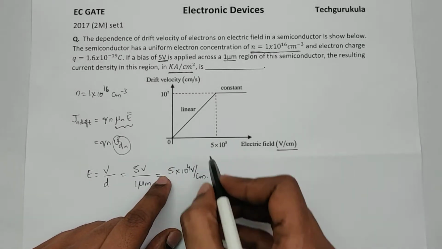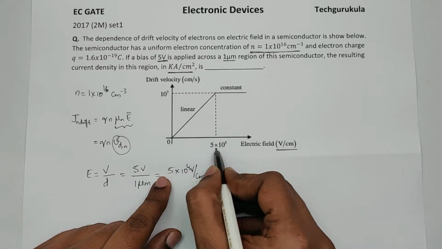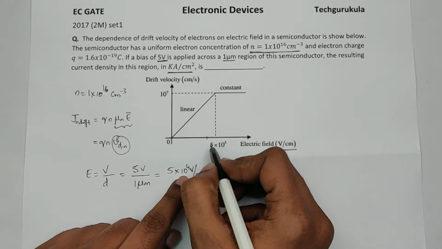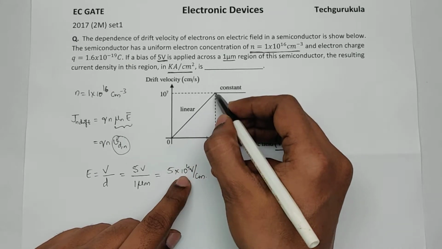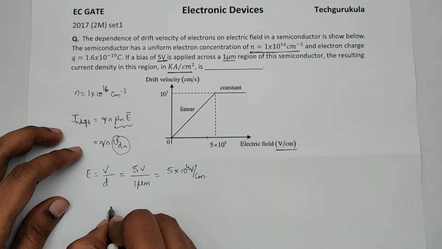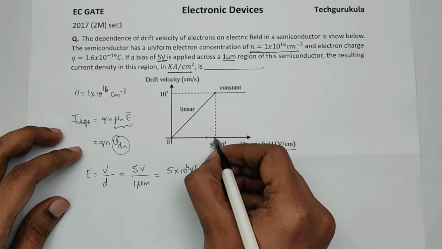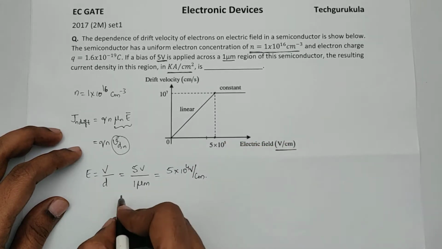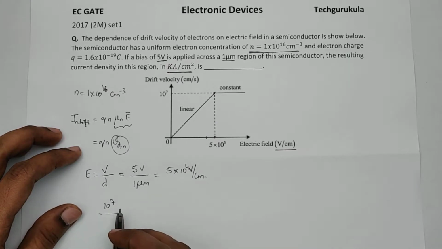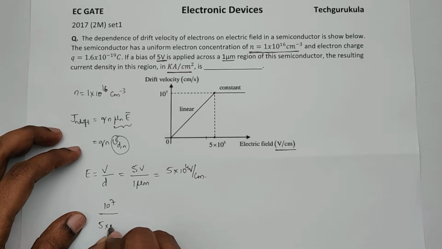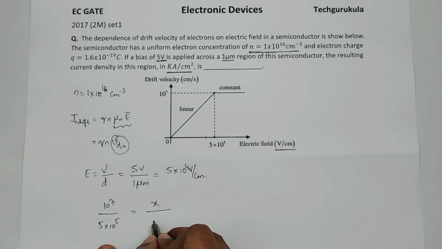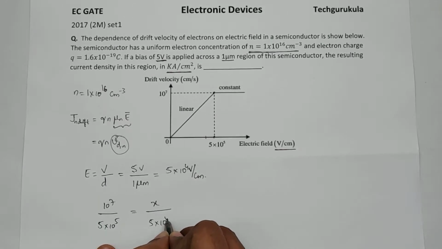If we look at this graph, in the range 0 to 5 times 10 power 5, 5 times 10 power 4 would come somewhere here, which means we fall in this linear region. So to find the drift velocity, we depend on the slope. If the drift velocity for an electric field of 5 times 10 power 5 volt per centimeter is 10 power 7 centimeters per second, then what should be the velocity for an electric field of 5 times 10 power 4?